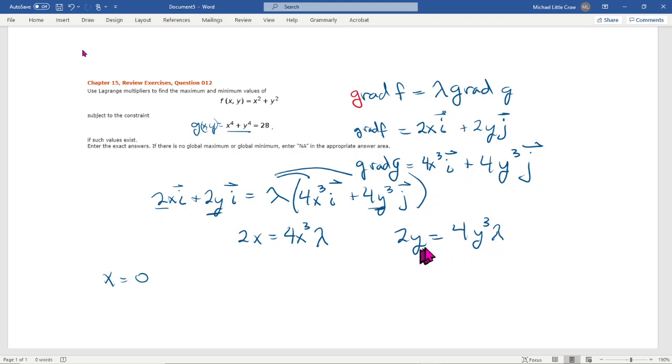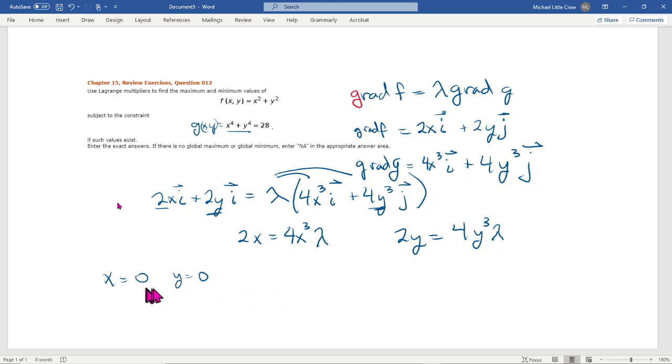So when x and y are 0, that's a solution to this system, and that would give us x squared plus y squared, so 0 plus 0, it will give us a value of 0. Okay, so that's one option that we can check. That's a potential solution.